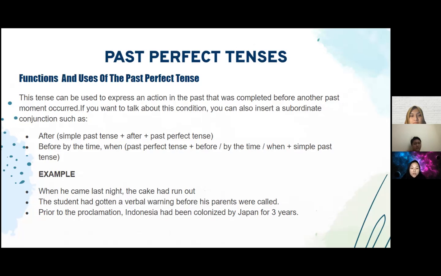If you want to talk about this condition, you can also insert subordinate conjunctions such as after, before, and by this time. For example, when he came last night, the cake had run out. The student had gotten a verbal warning before his parents were called.